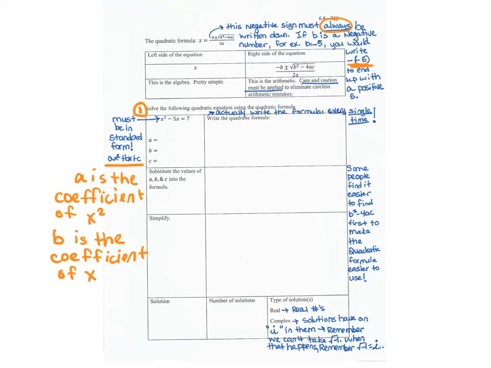A is the coefficient of x squared. B is the coefficient of x, and c is the constant.